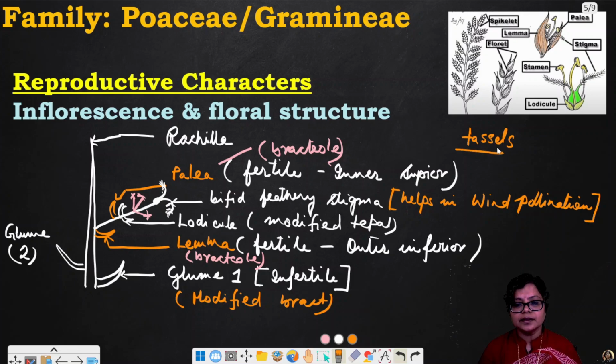What is this? These tassels are nothing but the extended style and the stigma, which help to trap the pollen grain. So, helps in pollination, anemophilous, wind pollination.